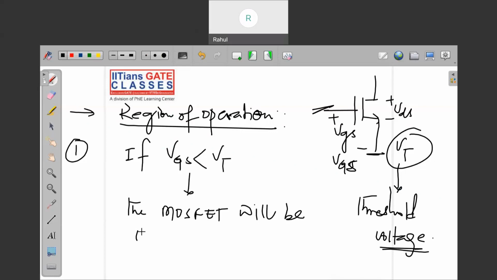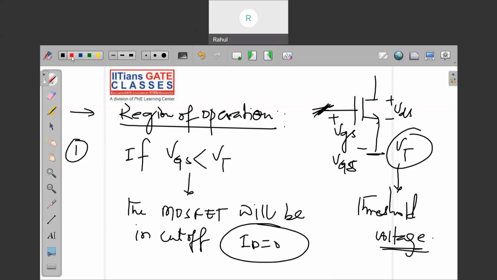It will not turn on, and ID will be zero. Simple. So you have to apply a potential VGS at the gate terminal at least greater than the threshold voltage. This is the first condition, that is the cutoff region.